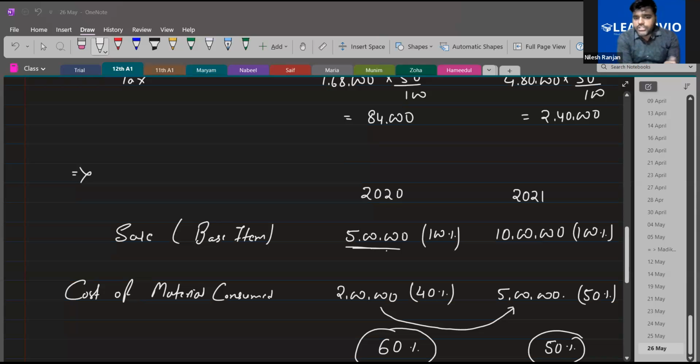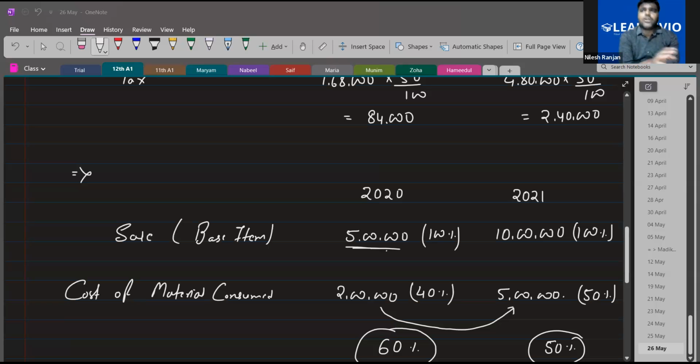Next, the third point is to assess the efficiency. Obviously, there are different departments in the company, and all of them are working as per their quality and their knowledge. So there are different efficiency levels in different departments. You have to check which department is not working at full efficiency.